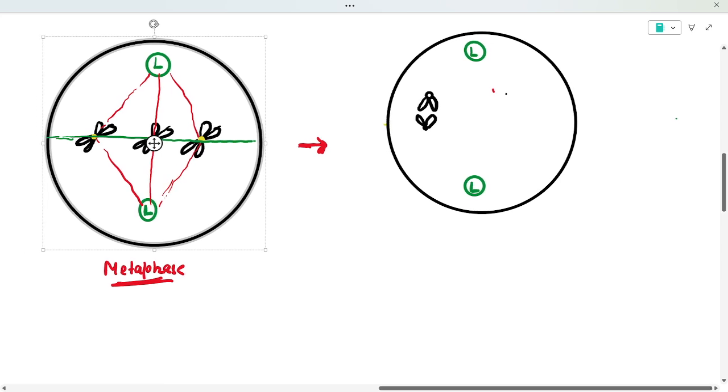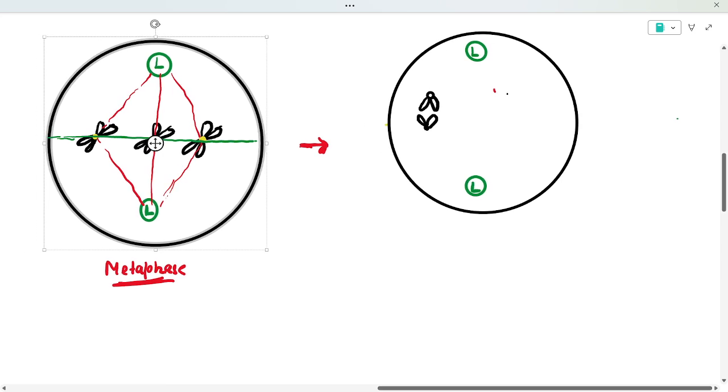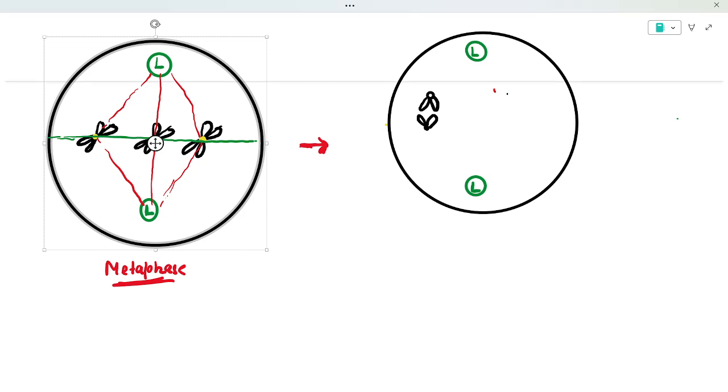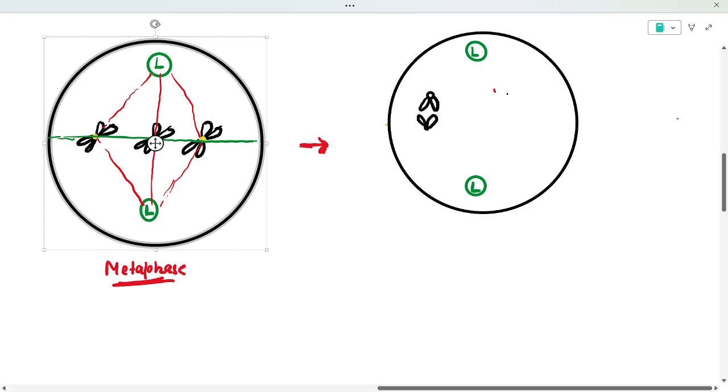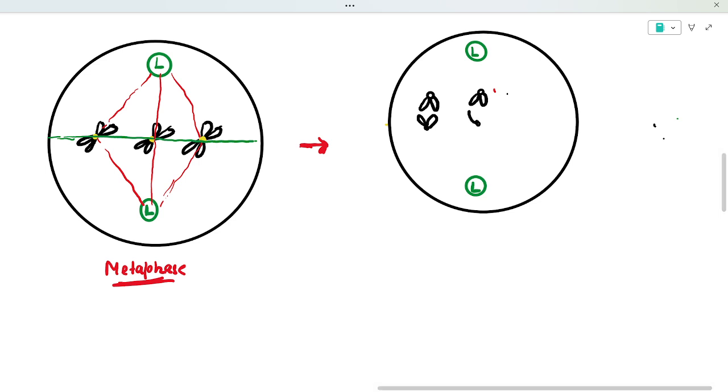Now, one chromosome having two sister chromatids, these sister chromatids are known as either daughter chromatids or daughter chromosomes. Right? So we have three chromosomes in this diagram in the metaphase. To understand anaphase, I will draw the same number of chromosomes. Total 6 sister chromatids are there, that means total 6 daughter chromatids or daughter chromosomes are there.